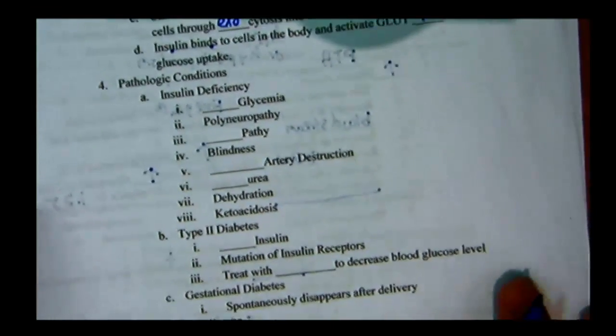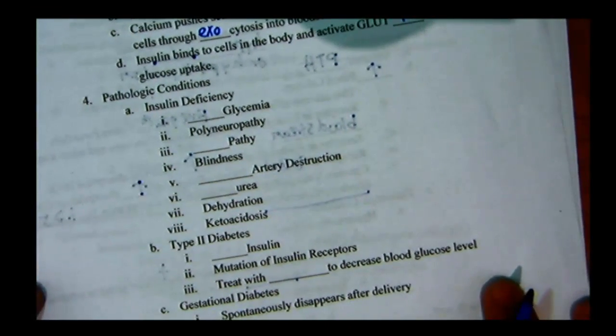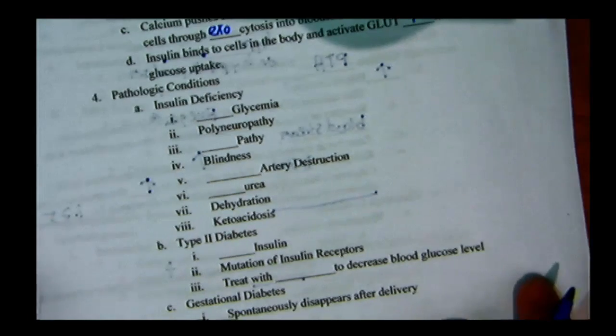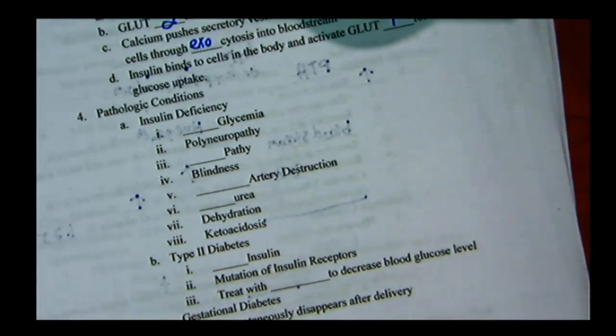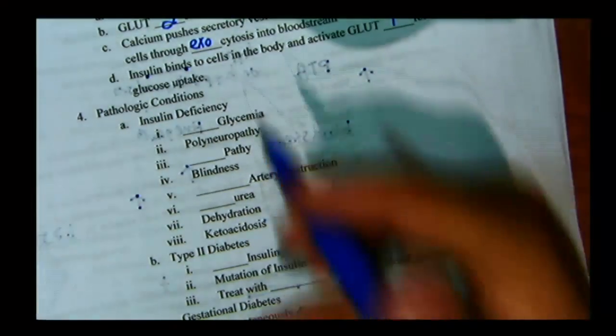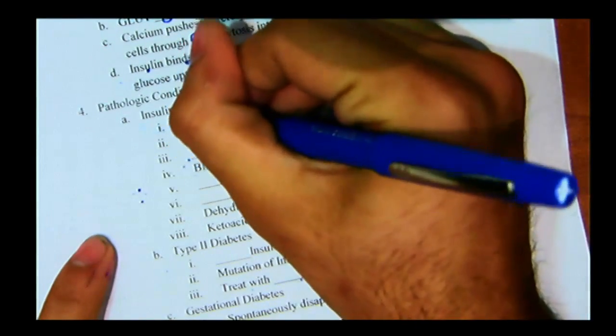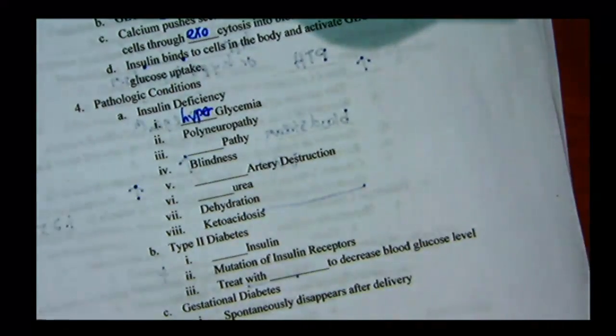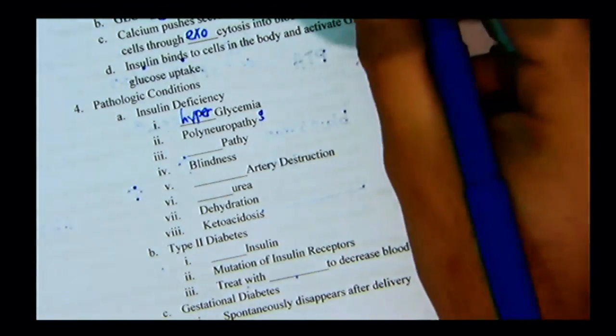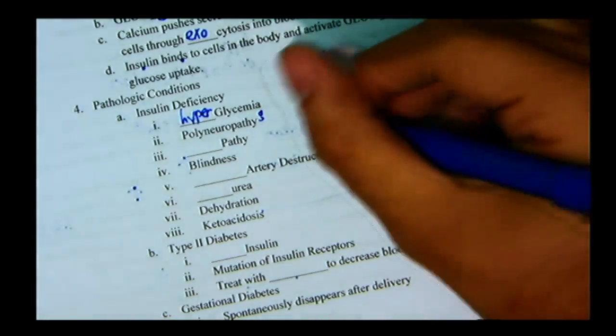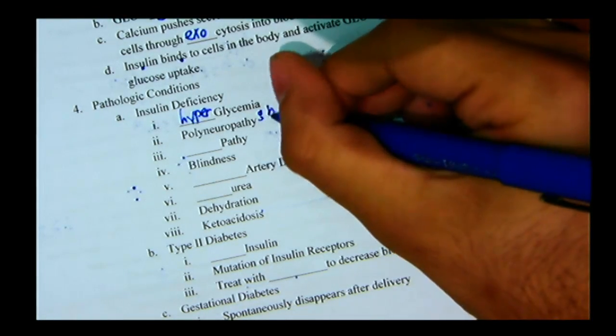So now we're at the pathologic conditions. So you can have insulin deficiency. So if you don't have enough insulin, what does that cause in the blood? Hyperglycemia, polyneuropathy. What is that? The brain, neuro.